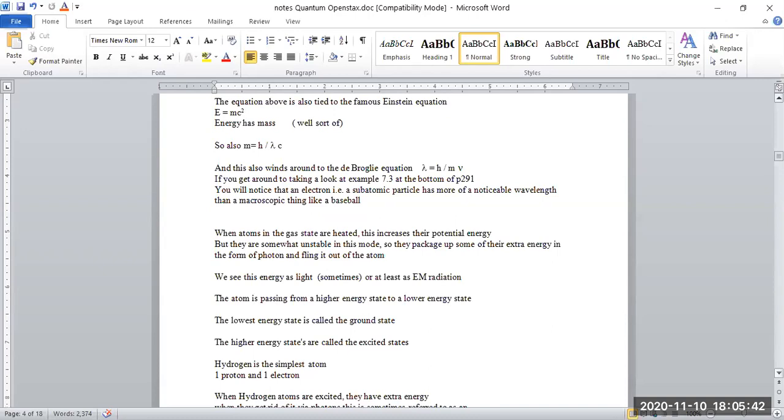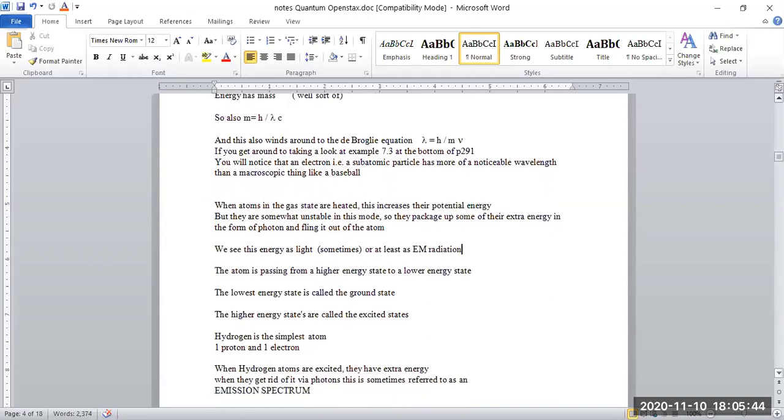And this is true of your gas discharge tubes and your gas molecules or atoms within the tube. So you give them lots of energy. They're happy. They're bouncing around. They're also kind of unstable.